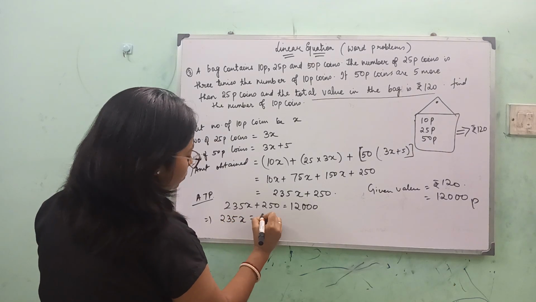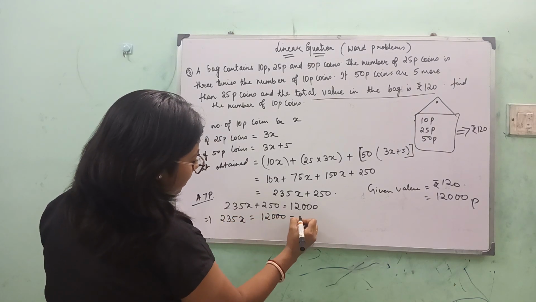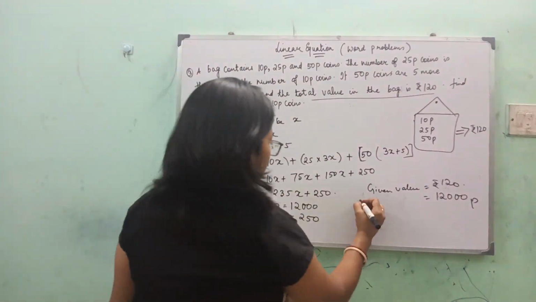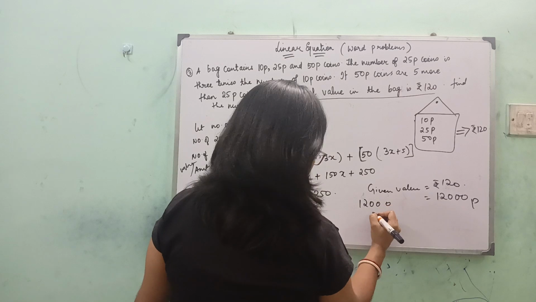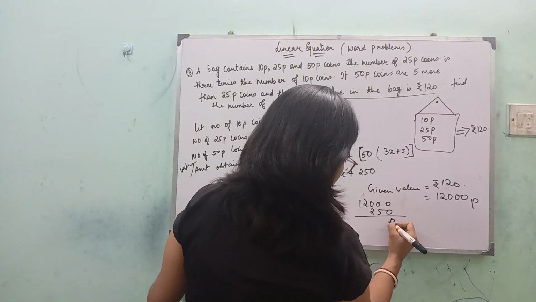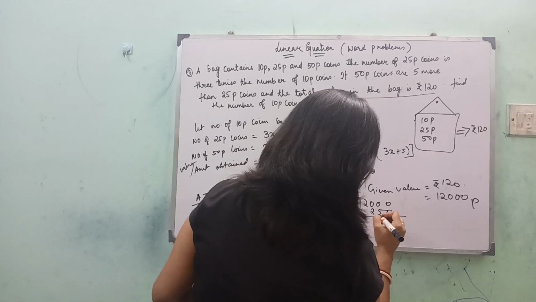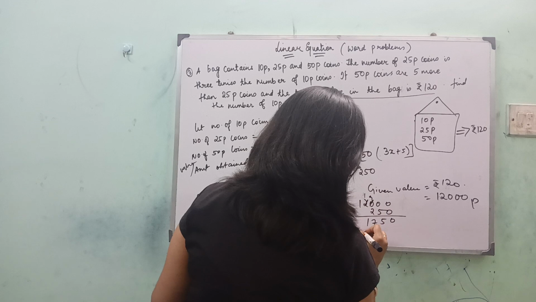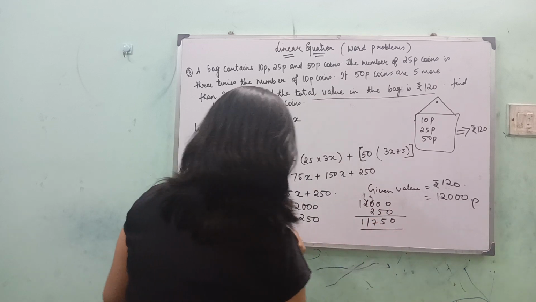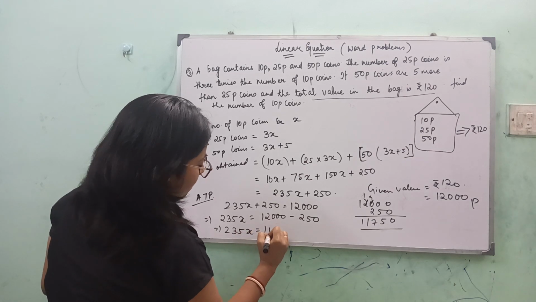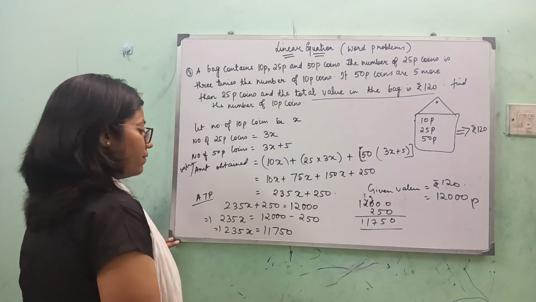Alright. So 235x equals 12,000 minus 250. Let's check this. 12,000 minus 250 is 11750.